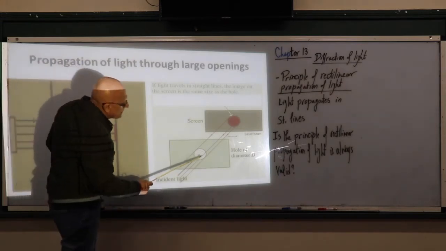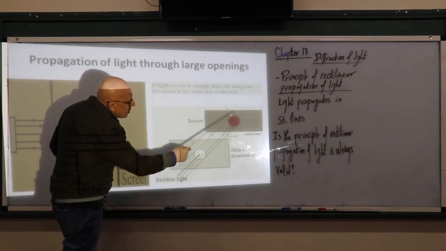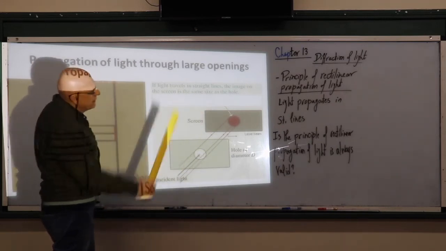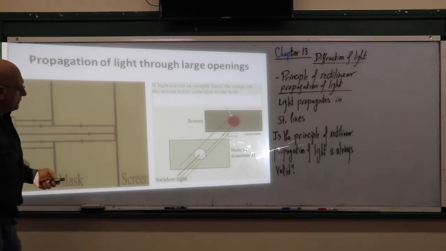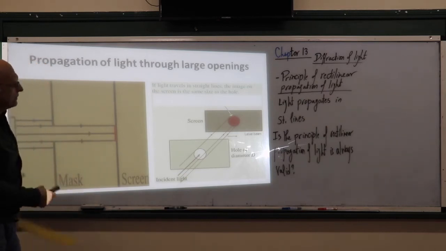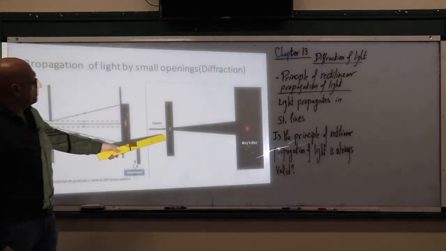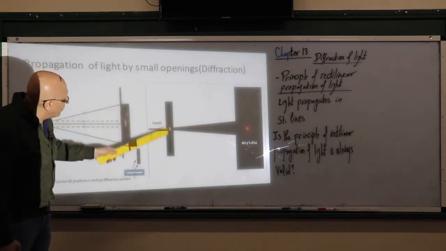As you see here, we said a spot of light or a disk of light of the same diameter as the hole is formed. Right. What if this is a similar one to that, but you have here a small opening?